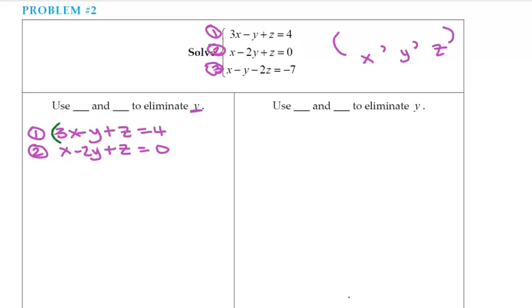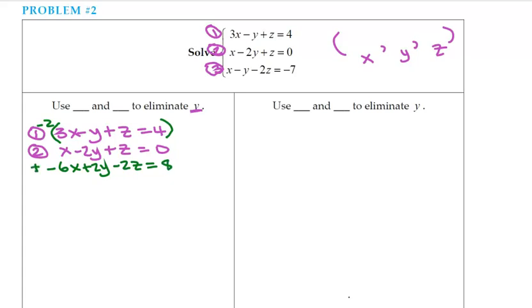So I multiply the whole thing by negative 2, because I can't just multiply that one term, I have to multiply everything by that same number to keep it balanced. And so when I do that, I get negative 6x plus 2y minus 2z equals negative 8.